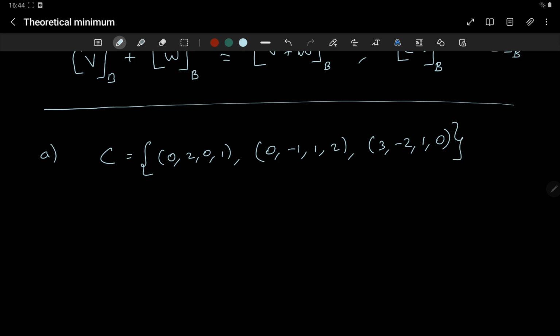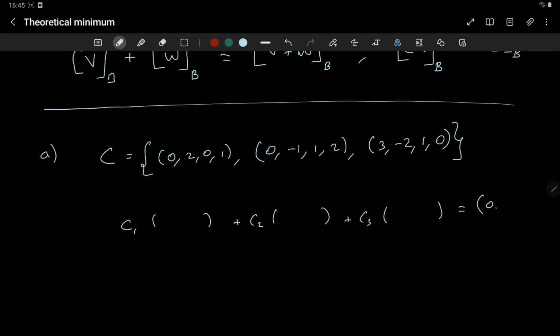Now the question is, are they linearly independent? All we have to do is check whether they are linearly dependent. What is the condition for linear dependence? The condition is c1 times the first vector plus c2 times the second vector plus c3 times the third vector.